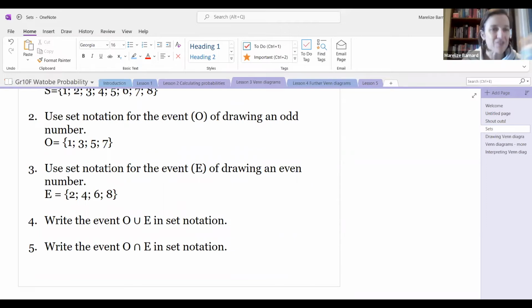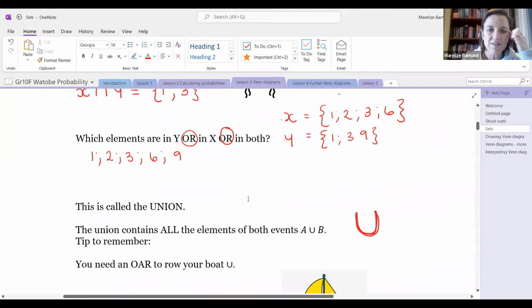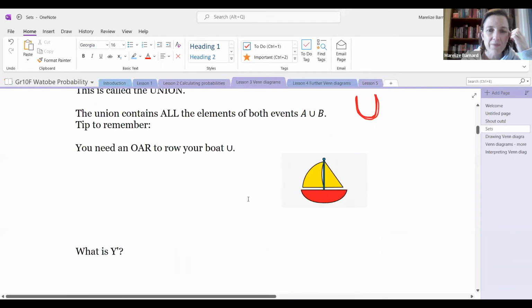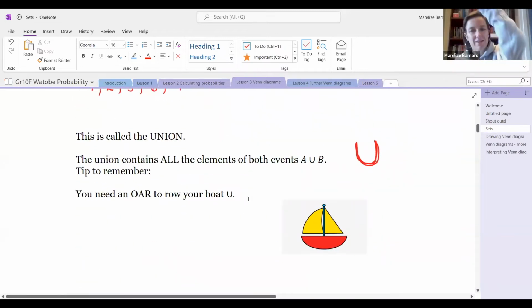For the intersection, nice, Lashandre, Eunice, O union E, yeah. It's not union, though, be careful. What did we say it was? Sorry, it is union. It's when you are going with your or in your boat. That's it.